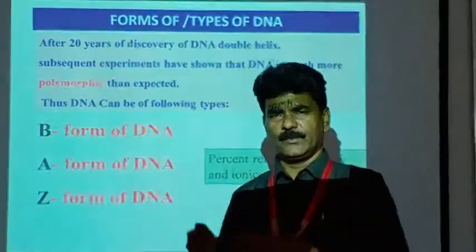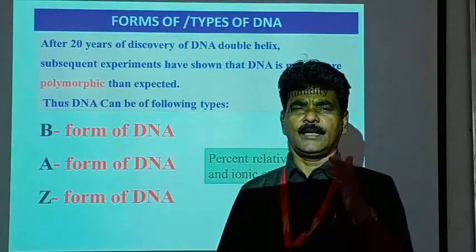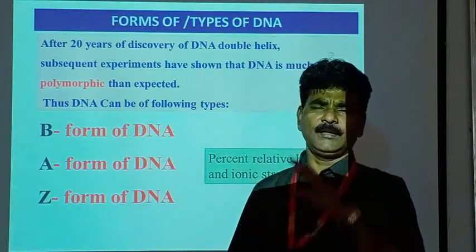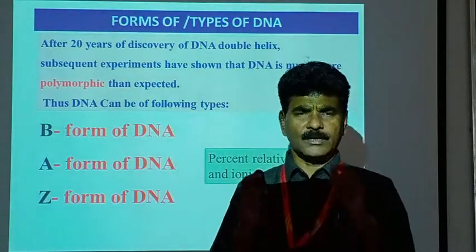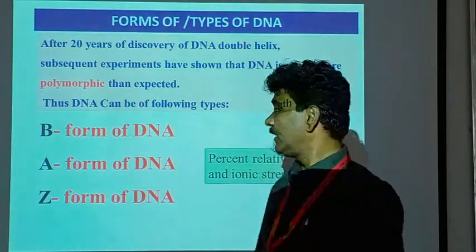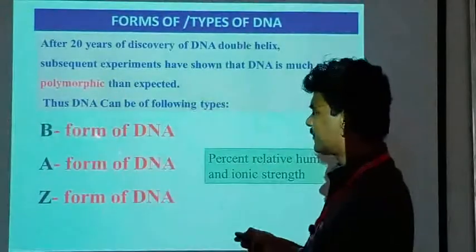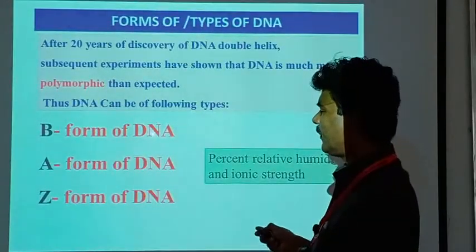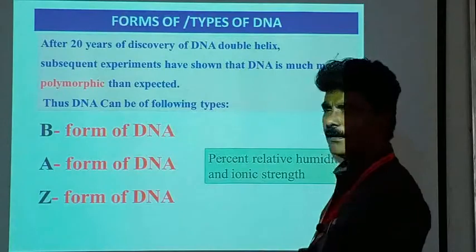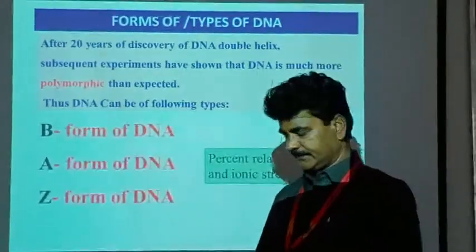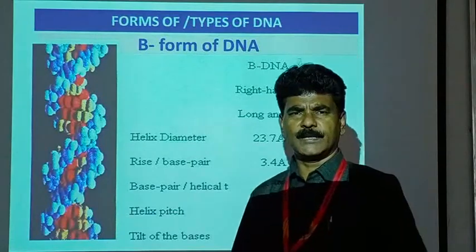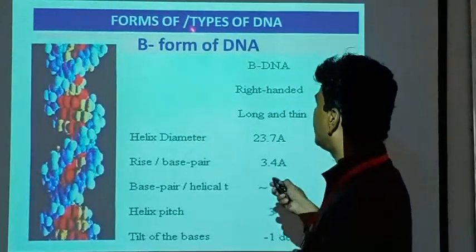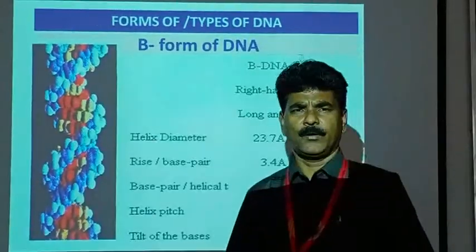Also they have different types such as A, B, C, D, E type of DNA, then Z type DNA. But commonly, when talking about the types or forms of DNA, they are mostly explained as B type of DNA, A type of DNA and Z type of DNA. Now come to the first type of DNA, B form of DNA.